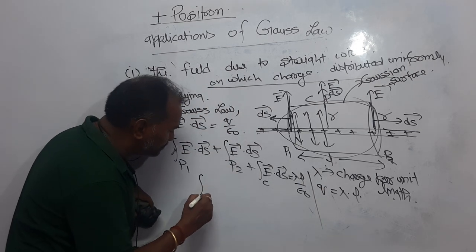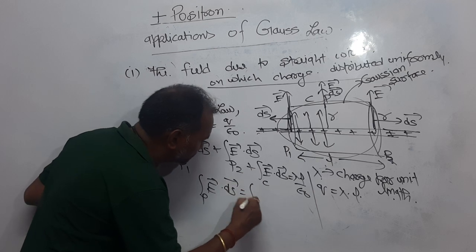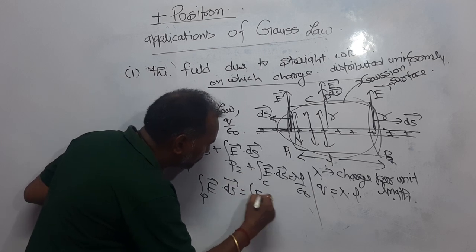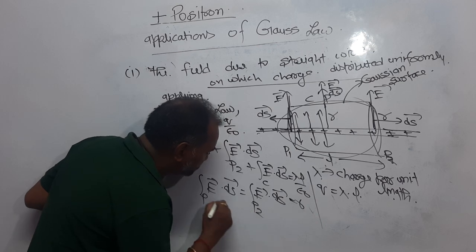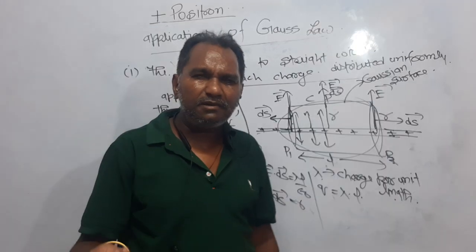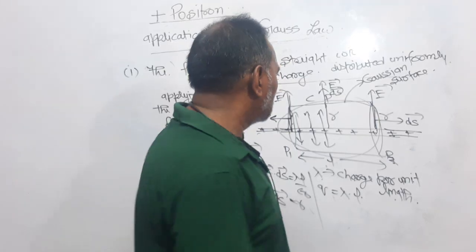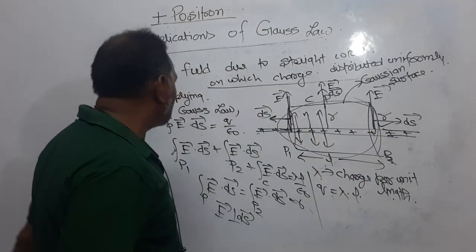On planes P1 and P2, E dot ds is equal to 0. Why? E is perpendicular to ds. You know A dot B is equal to AB cos theta, and cos 90 is 0. In these two cases, E and ds are perpendicular, so it vanishes.